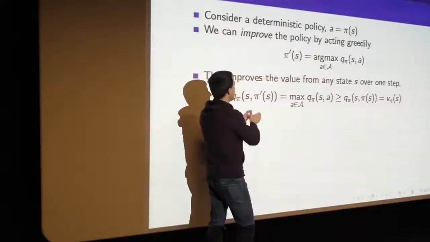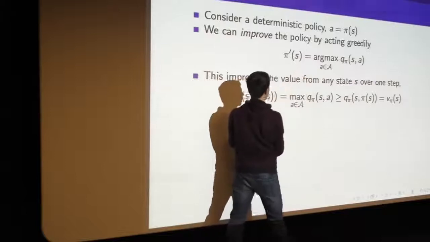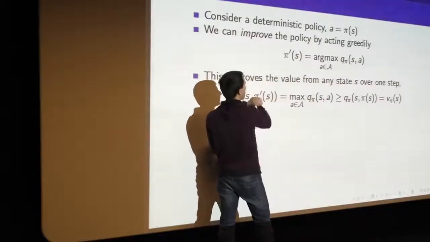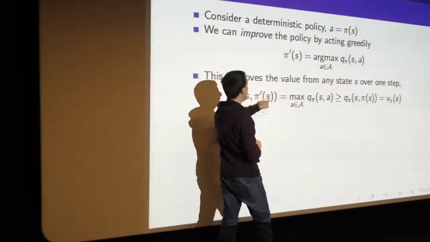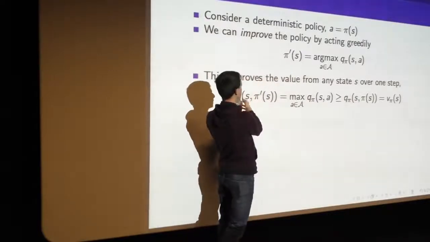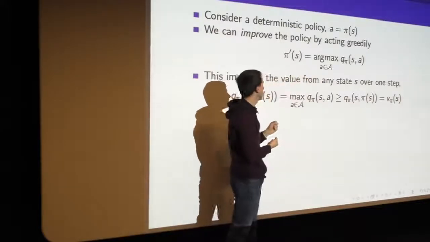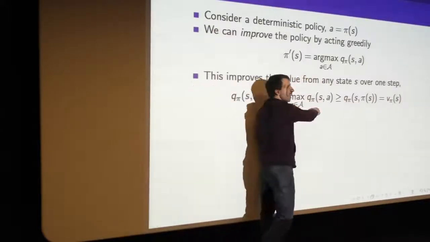Okay, so we can just plug in the definition of the argmax. If we are selecting actions by taking an argmax over the Q values, that means we're always taking the action that maximizes our Q pi. So that gives us this term here.